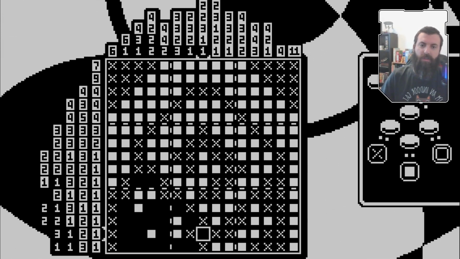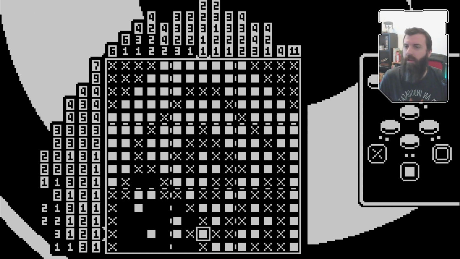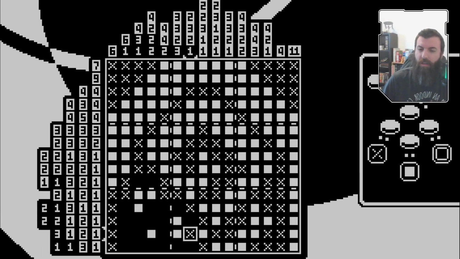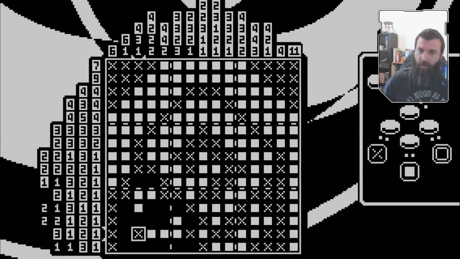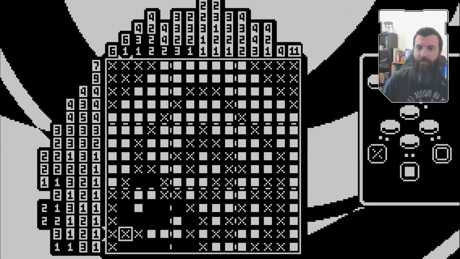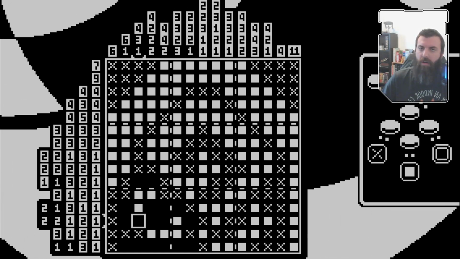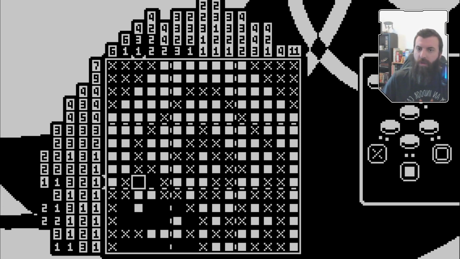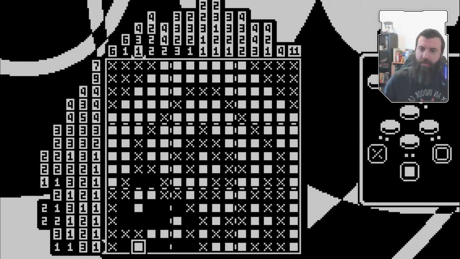We have only 1 space remaining for our 1 here, which means that we know that these are both part of the 3, which means that we can complete them like so. That means that our vertical 3, 1 here, we know that this is part of the 3, and in either case, the 1's gonna have to be here.